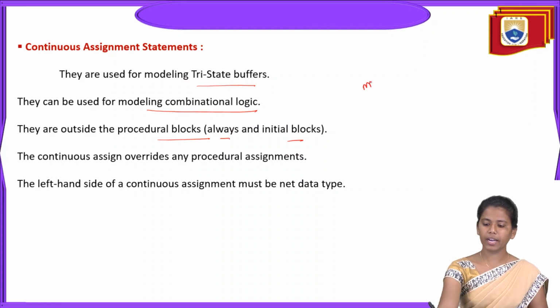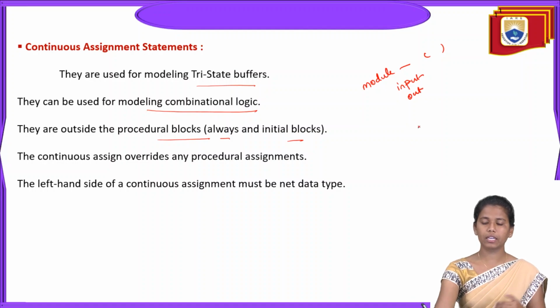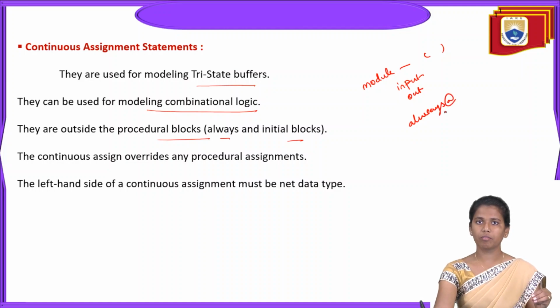Usually we will write a program like this: module, name for the module, port list, and then we will declare the inputs as well as the outputs. After declaring the outputs, we will directly come across always @. Always @ is a keyword that we use when your code is written in behavioral modeling.